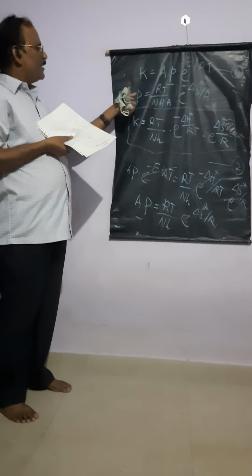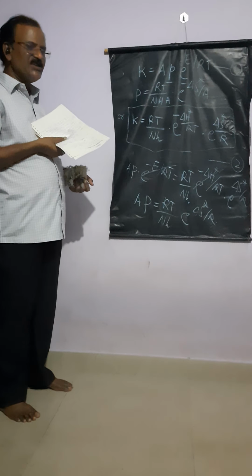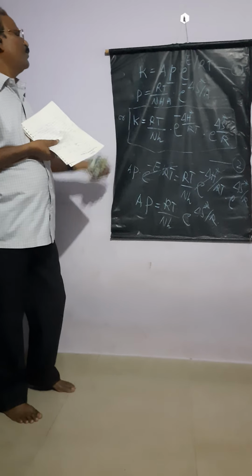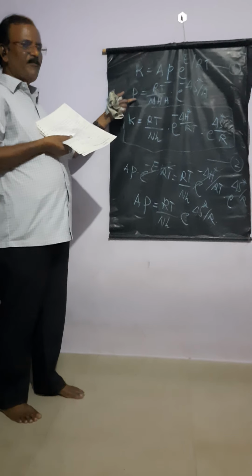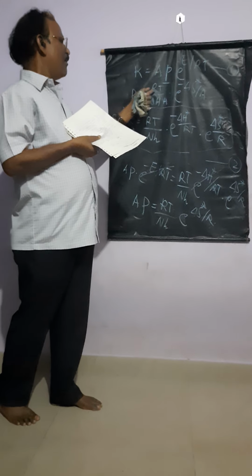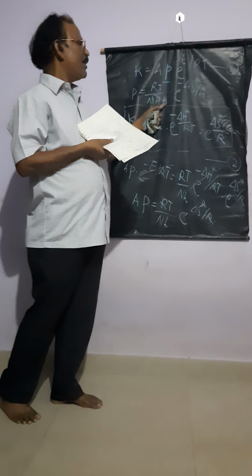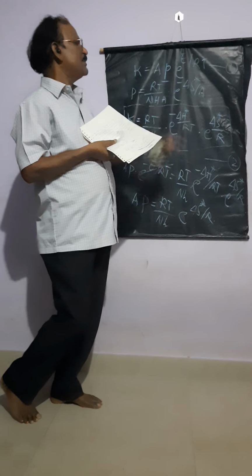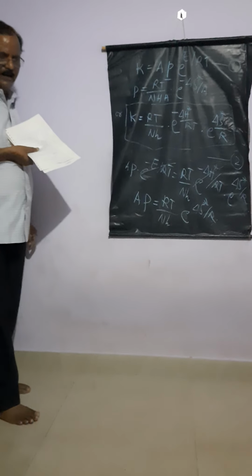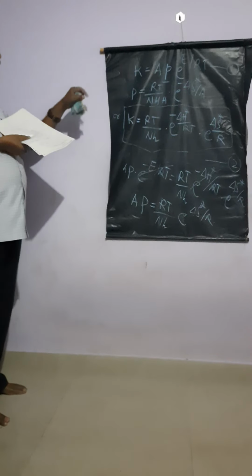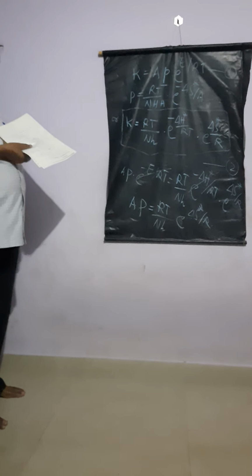But in transition state theory, you can calculate the value of P by the equation RT divided by Nh into Avogadro number into e to the power of minus delta S star divided by R. So this is the advantage of transition state theory over the collision theory.